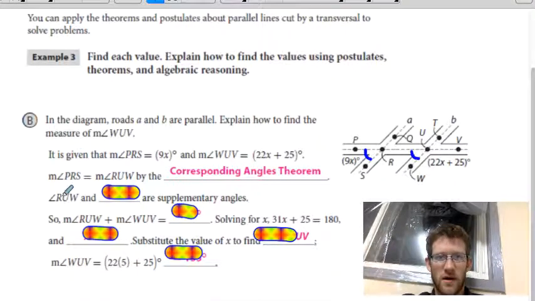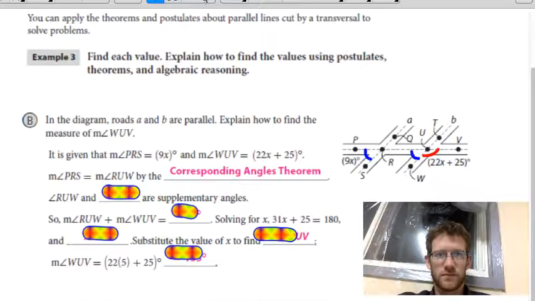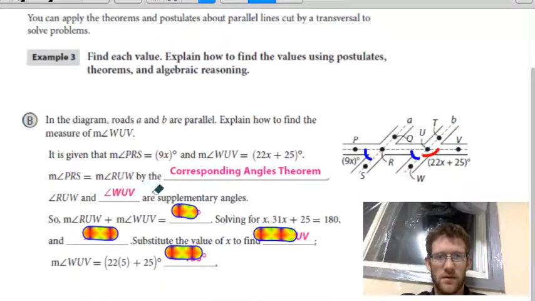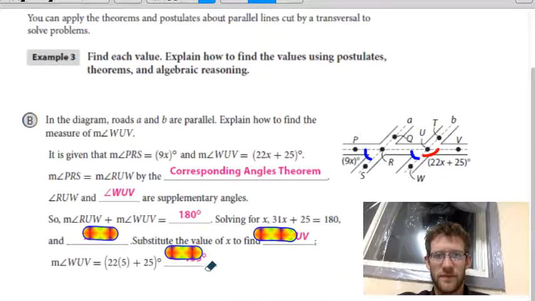I know that RUW and WUV are supplementary angles because they're a linear pair. So if we add RUW, this blue one, plus WUV, you'll get 180.